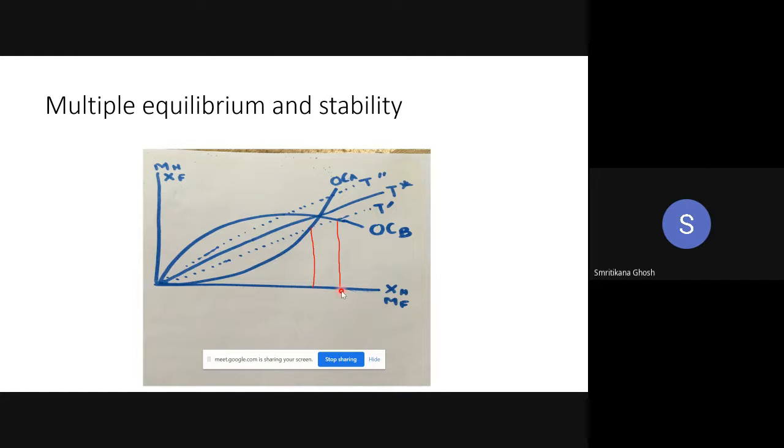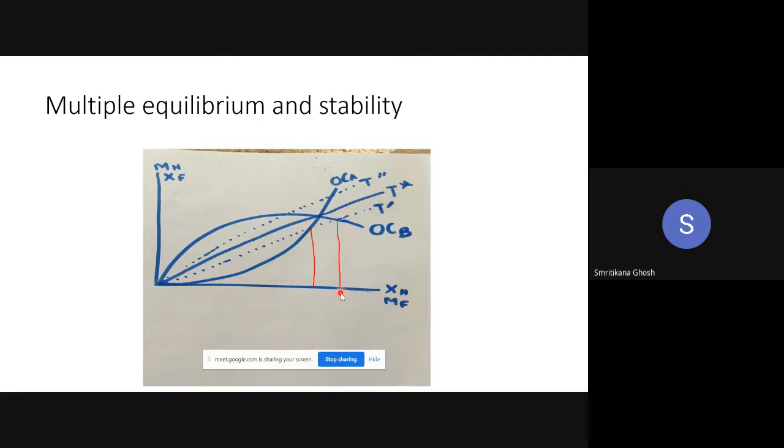So it is the case of excess supply, no, excess demand, sorry, I'm very sorry. Yes, it is the case of excess demand. And if there is excess demand, we know what will happen. The price will rise, right? Price of what? Price of exportable.